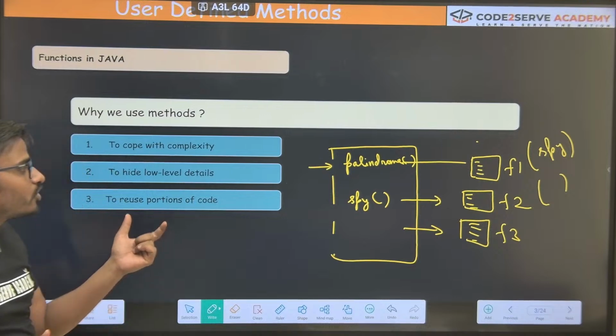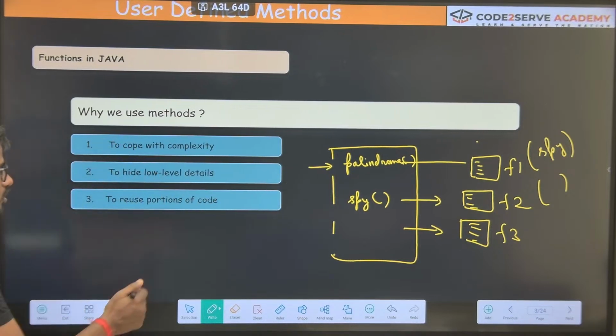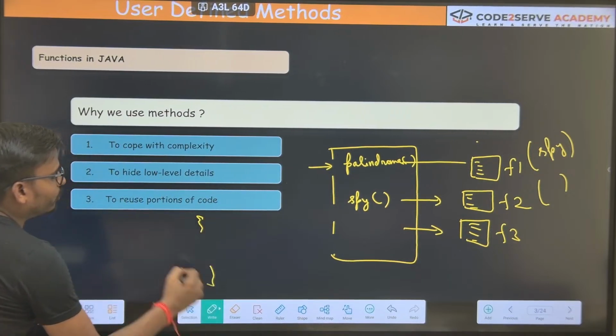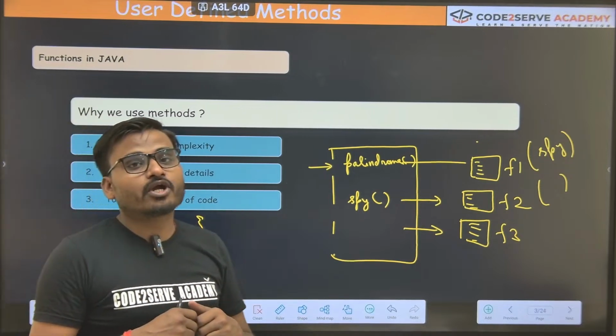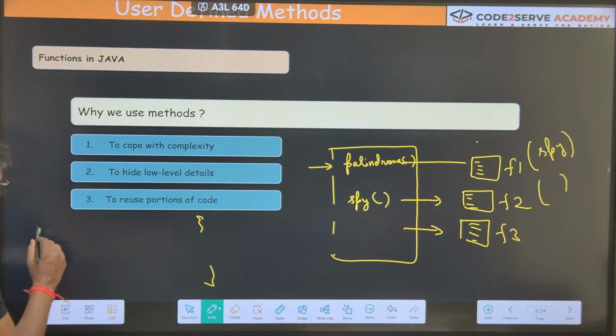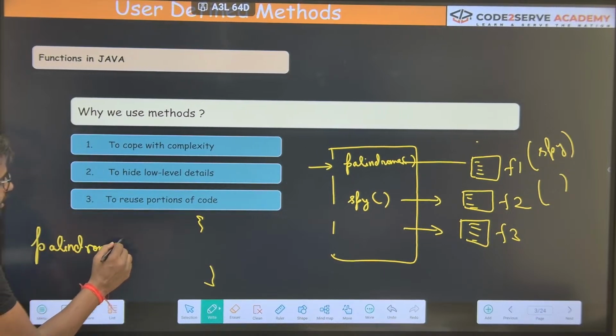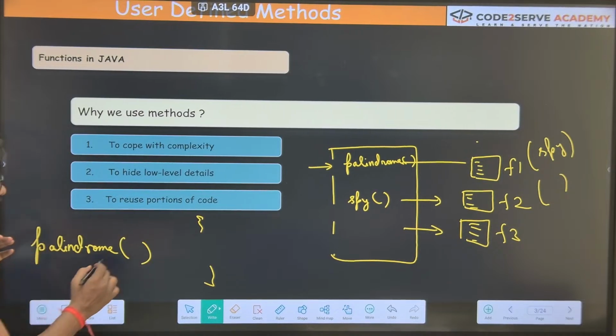Similarly, suppose you wrote one function for a palindrome number. Now the end user is just going to call that palindrome method and pass one number.